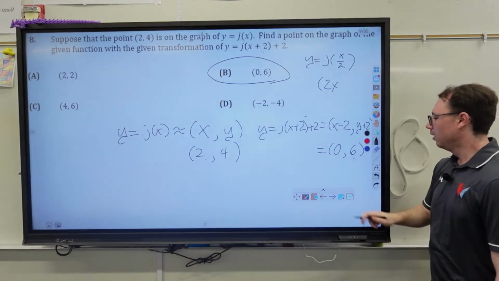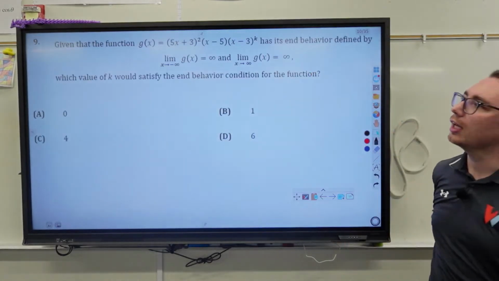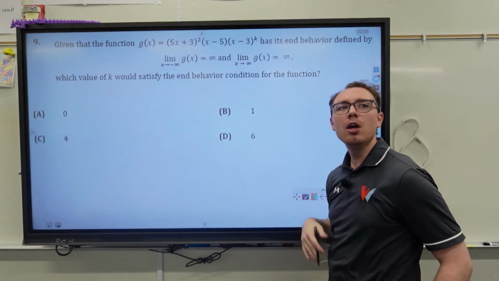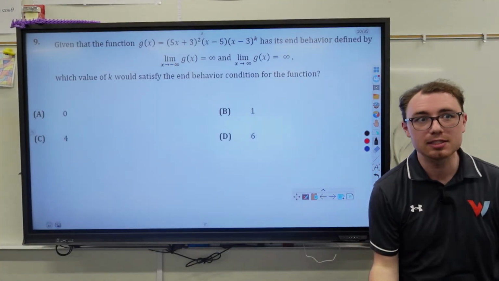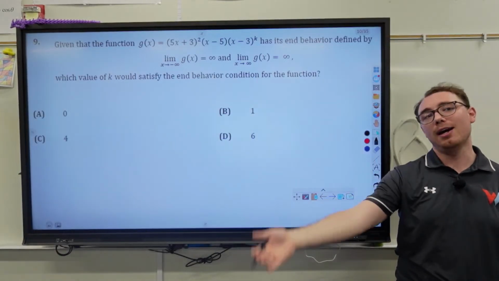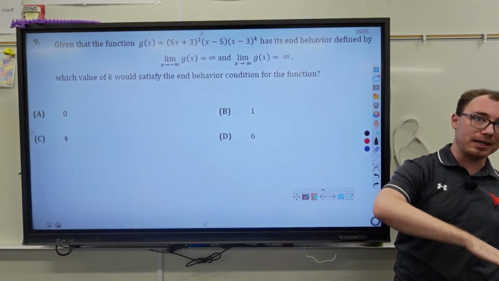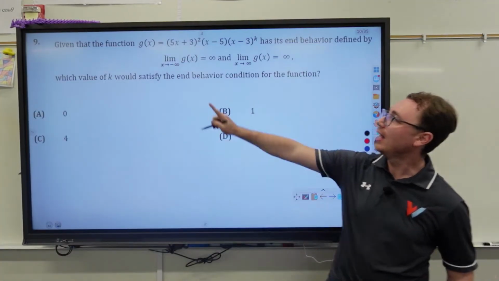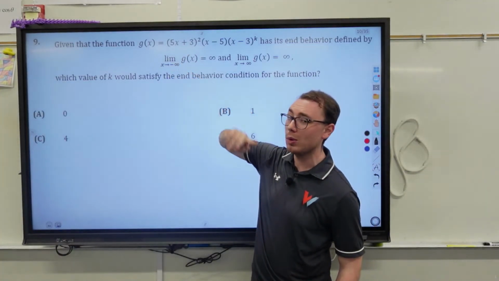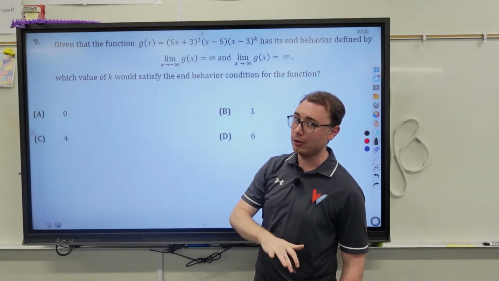Dope. For this here, we're now going to take a look at problem 9. For problem 9, we're given that the function g of x is equal to 5x plus 3x squared times x minus 5 times x minus 3 to the k power, which has an end behavior defined by as x increases without bound in the negative direction.